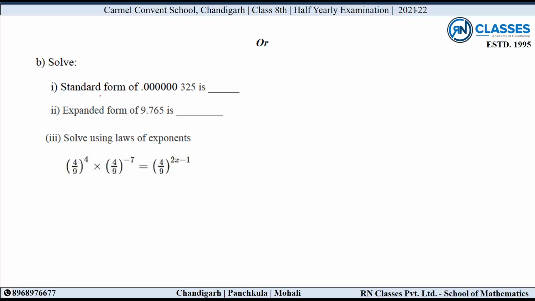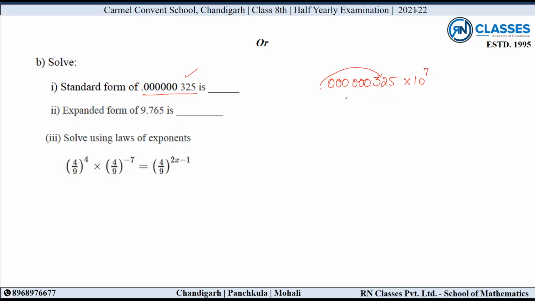Standard form. You have to write this in standard form. 0.000000325 in standard form. So we got 0.000, 3 zeros and again 3 zeros, 325. Now in standard form we have to write it as 3.25, right? So the decimal has to be moved from here to here. So we have to multiply by how much? 1, 2, 3, 4, 5, 6, 7.